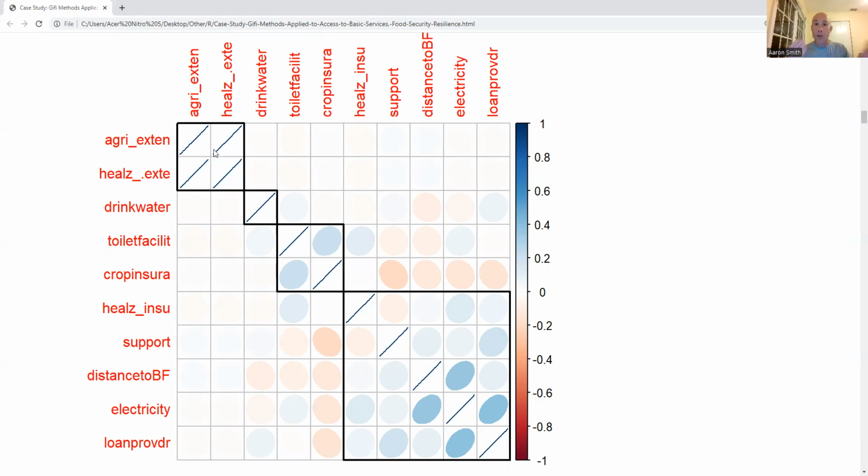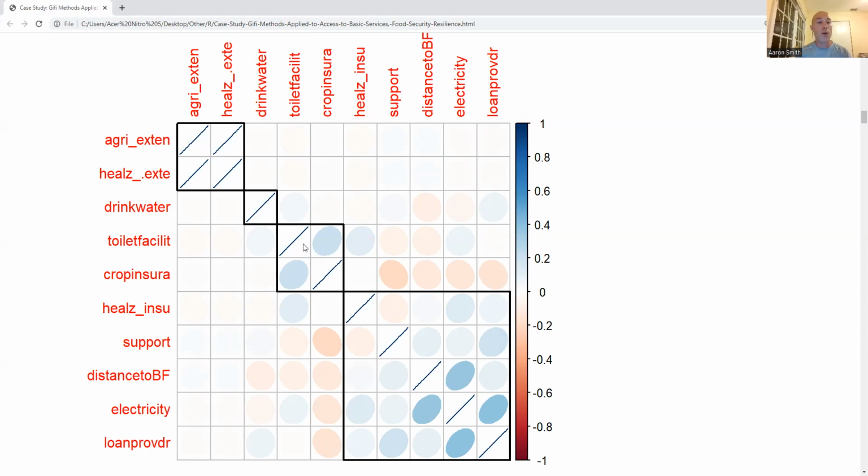The interpretation is that if I remove both of these columns completely, other columns are probably not going to compensate for the loss of the information value in those columns. Drink water is off by itself. That means that if I remove drink water from the data set, the other columns are not going to pick up that informative value and fill in what's been lost.